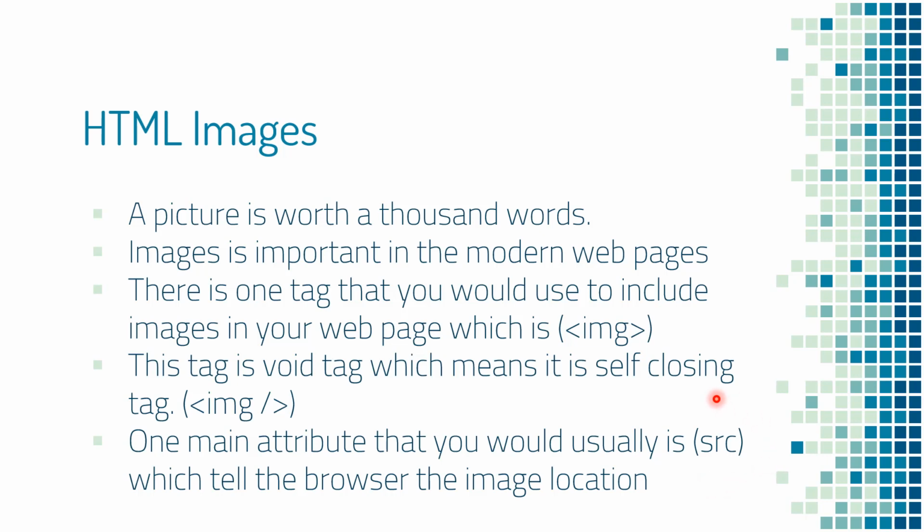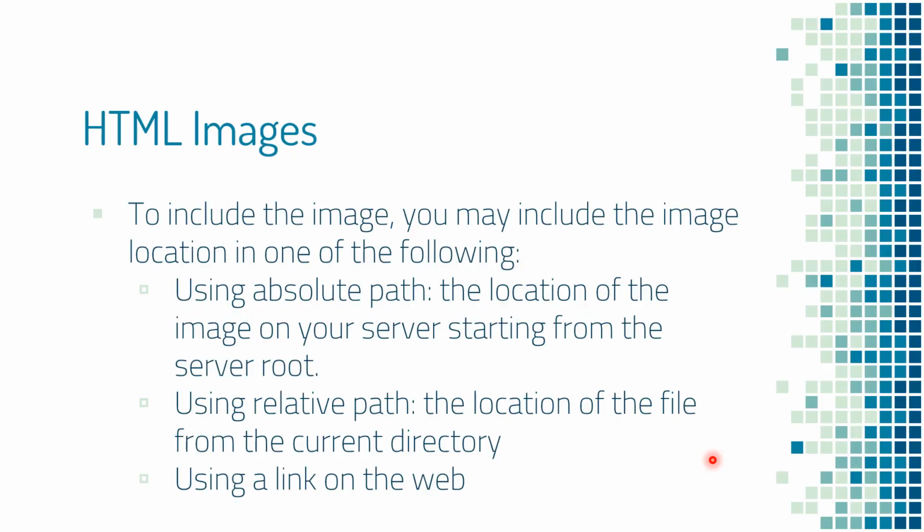In other words, src is where the image that you wanted to include is located. As I said, src is used to determine the location where this image is stored.